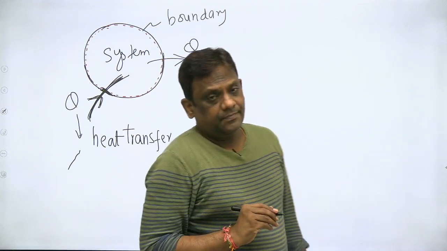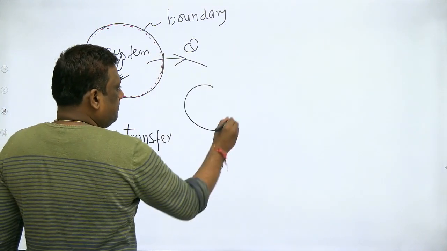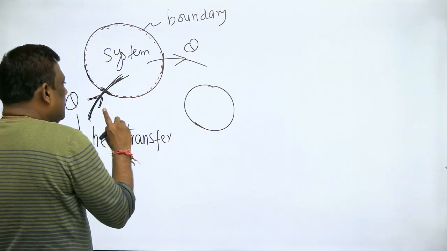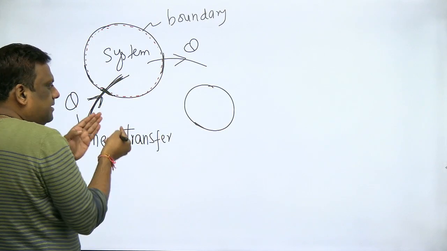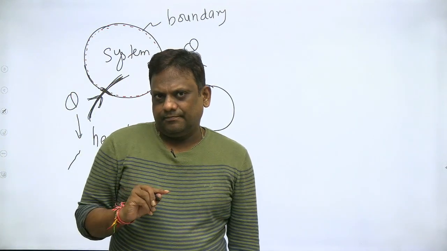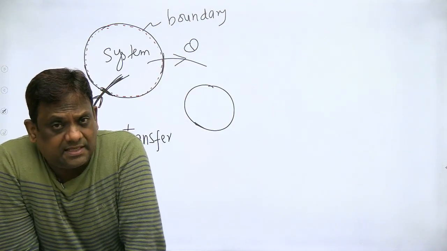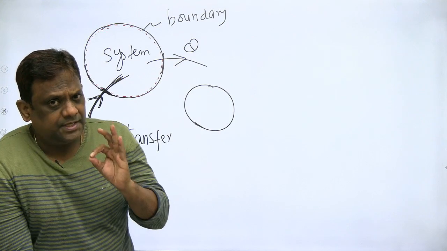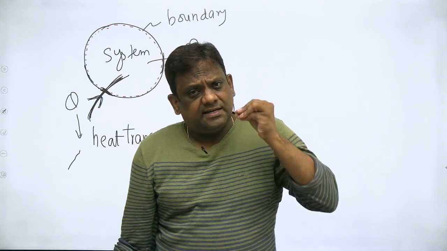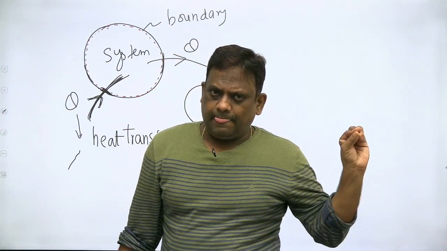Now a question. When it stops crossing the boundary, this is the system. So you are supplying, now stop. Listen carefully. We are supplying, and suddenly we stop. When you stop, let us say it is not crossing. Then the question comes: Sir, can we still call it heat transfer? My dear students, you should stop using the word heat transfer once it stops crossing the boundary.